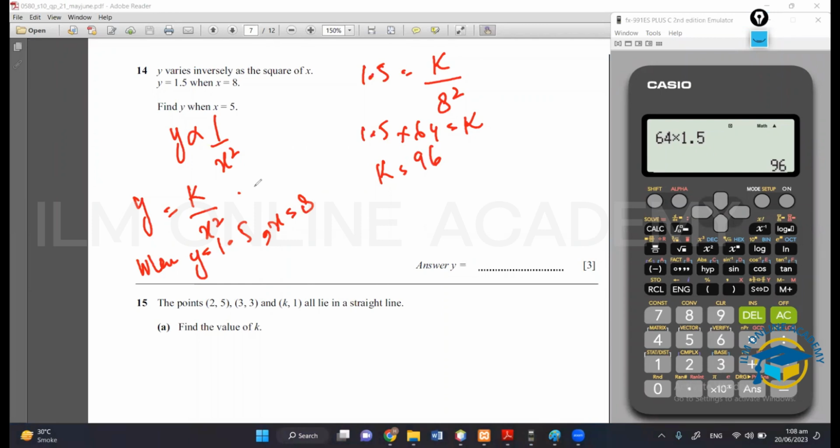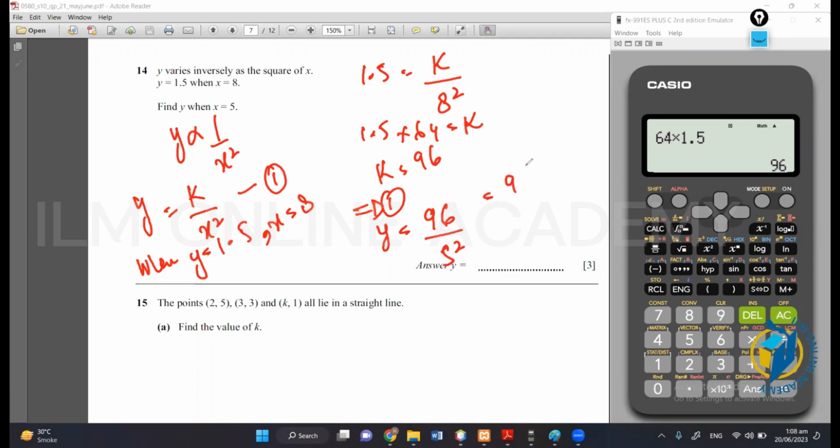Now again, if I name this equation as equation 1, going back to equation 1, they have said that we have to find y when x equals 5. So y equals k over x square, and k would be the same for whatever point that is given. So 96 over x is 5 square.